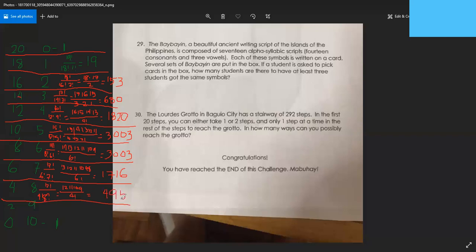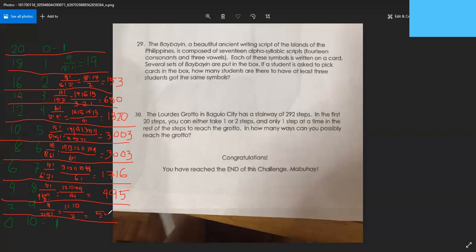And the last one is the second to the last row, 2 and 9. That would be 11 factorial over 2 factorial times 9 factorial. This is simply 11 times 10 over 2 factorial, which gives 55.